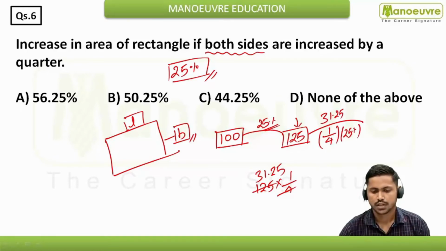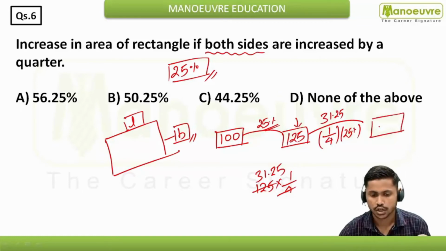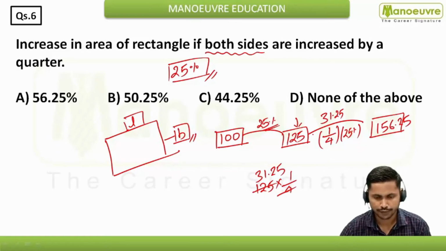Now what do you have to do? You have to increase by 25%. So 25% is nothing but 31.25, and you have to increase this 125 by 31.25. If you add, you will get 156.25. What I did is add this 31.25 to this 125, so you are getting 156.25.